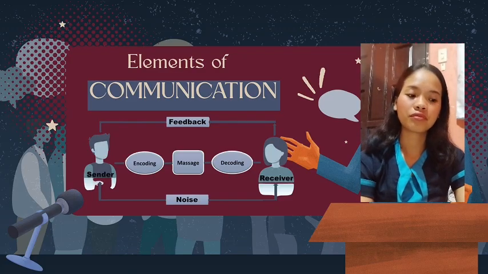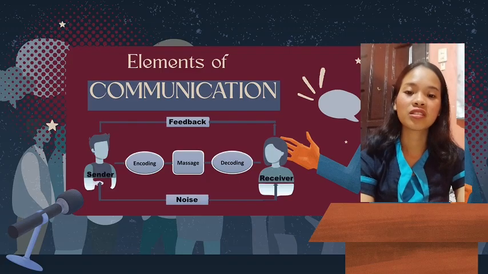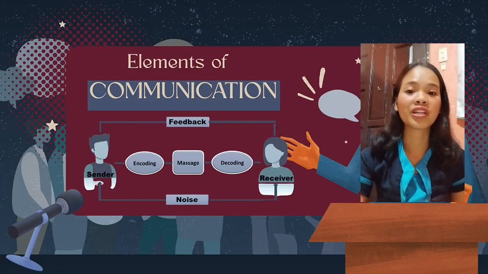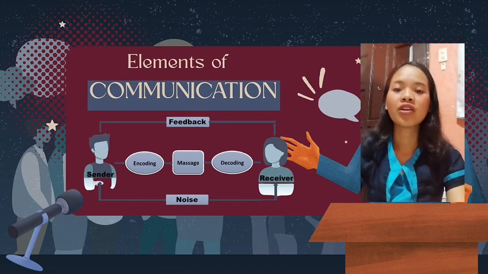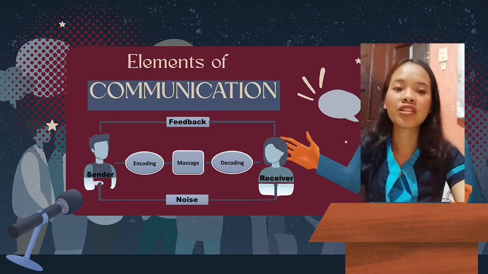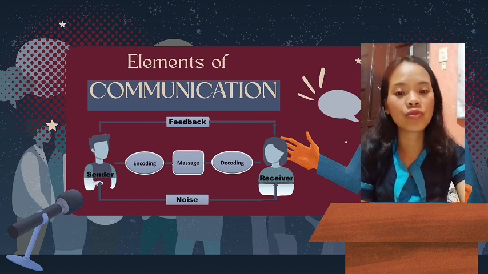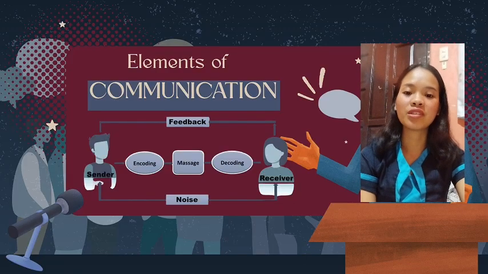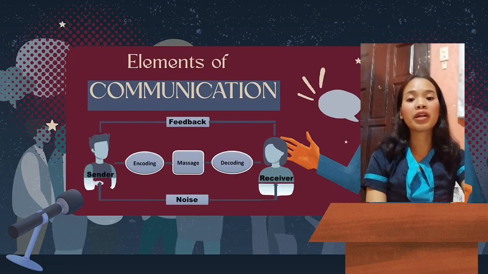But if the receiver does not give the correct or right reaction or feedback to the sender, this means that there is something wrong with the communication, or the receiver does not fully understand the message or information sent by the sender.